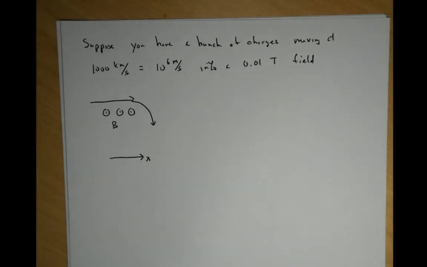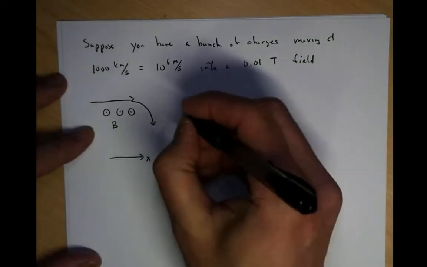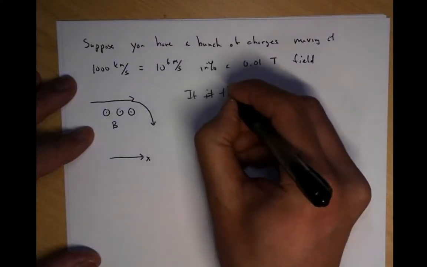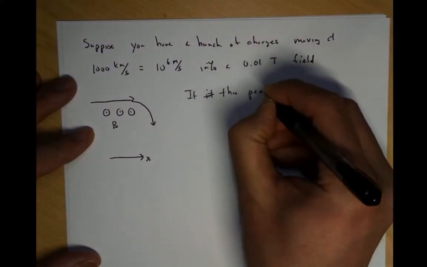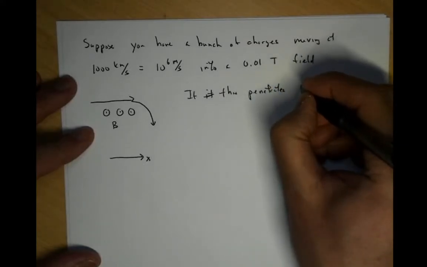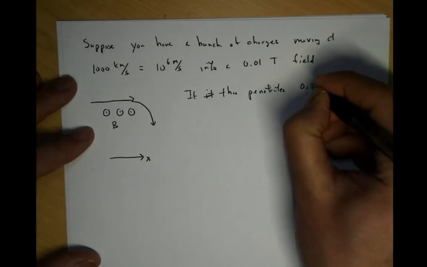Let me just see what I'm trying to do here. Right, I see what I'm trying to do. Okay, so that if this moves, penetrates 0. What did I write here?